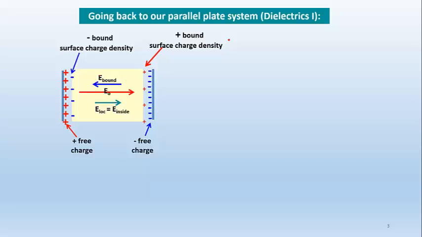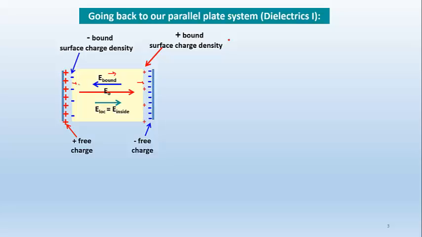If you remember, the dipoles would be induced in this direction, and every dipole has a mate, so that the net result is there's no bound charge inside of the dielectric. However, here you'd have a dipole with its tail sticking out, and here you'd have a dipole with its head sticking out. So that gives you this plus bound charge, and this gives you the minus bound charge.